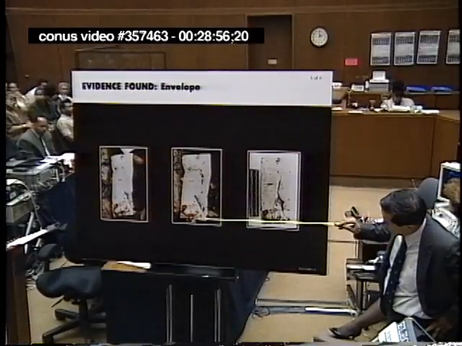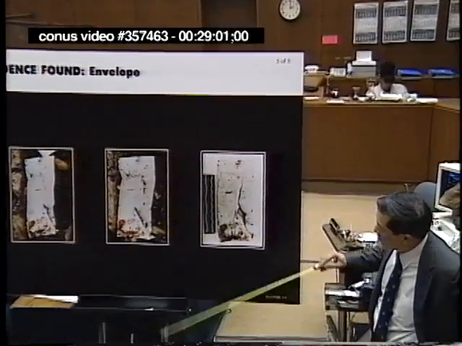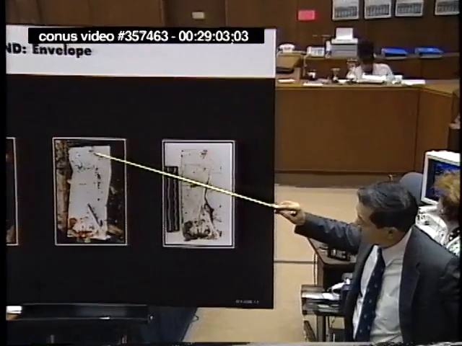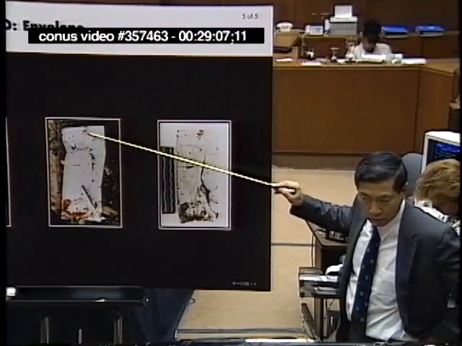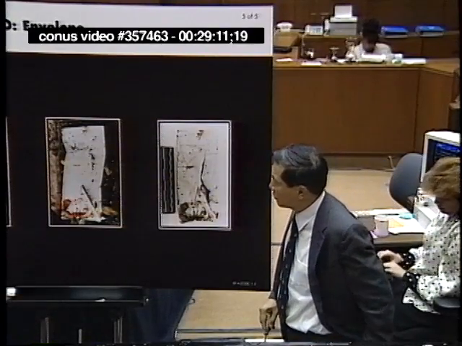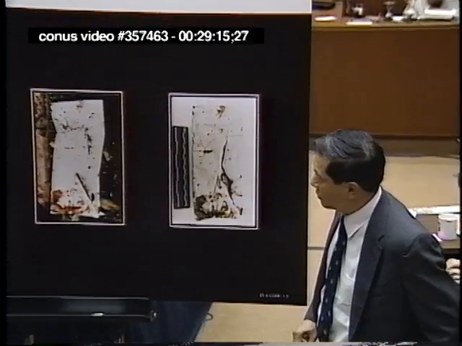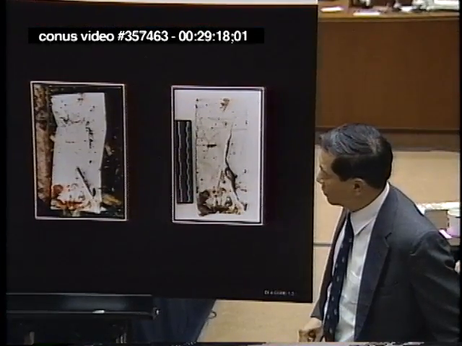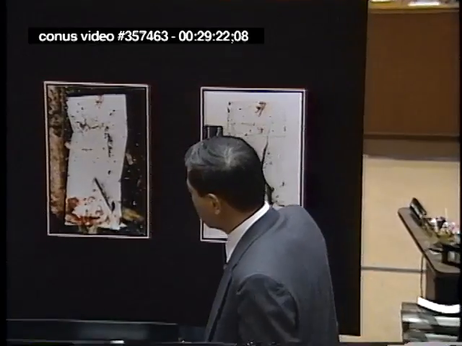Is the Bruno Magli imprint visible in the position number 1 photograph? Yes. Are the imprint patterns that were consistent with fingers visible on the original photograph?